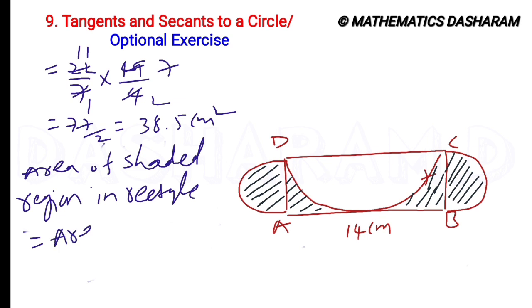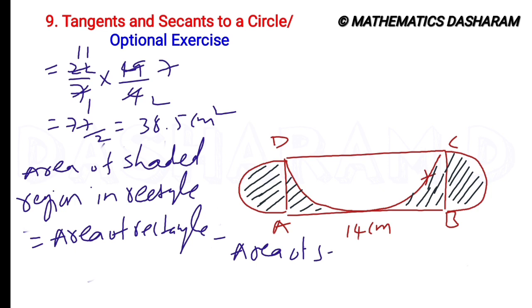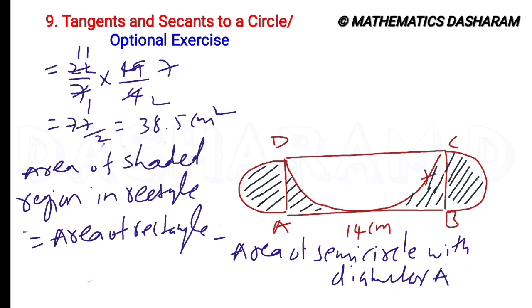That means the area of the rectangle minus the area of the semicircle with diameter AB. The area of a rectangle is length into width, minus the area of a semicircle, formula 1 by 2 into pi r square.